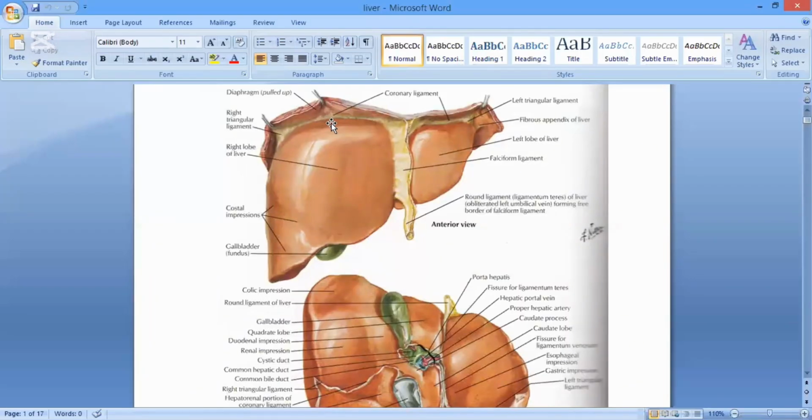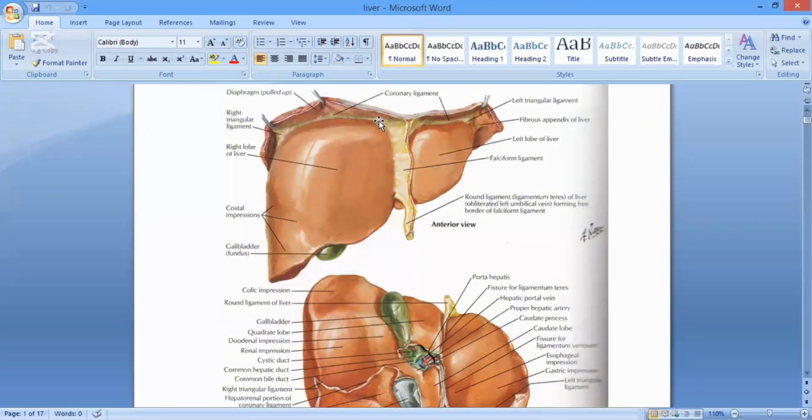ठीक है, अभी हम इसके बारे में detail से बात करते हैं. The anterior layer of this coronary ligament is basically contributed by the separation of this part of the falciform ligament. So the falciform ligament is going to split into two layers, one on the right, other on the left.